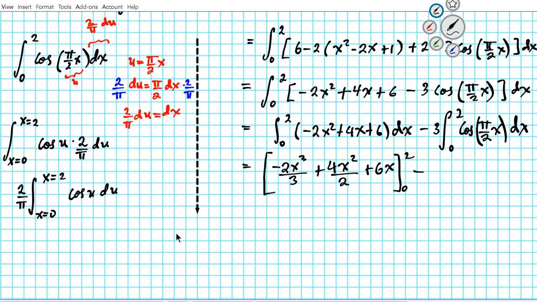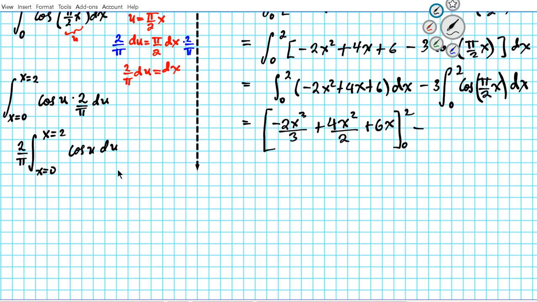Okay, now when I integrate cosine u, what's the integral of cosine u? The integral of cosine u is just sine u. Remember, the derivative of sine is cosine. Okay, so we're going to have 2 over pi of cosine, nope, our integral is no longer cosine, it's sine, sine u, evaluated from 0 to 2.